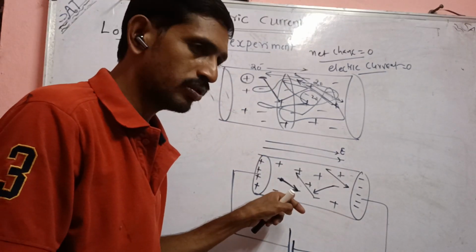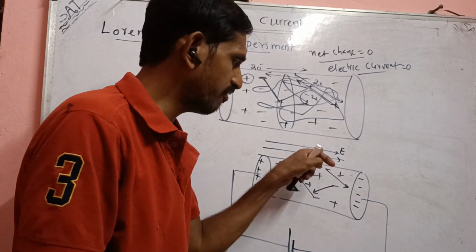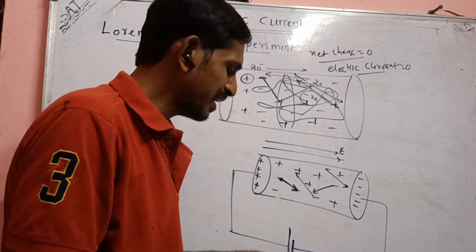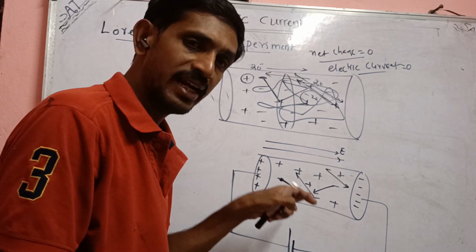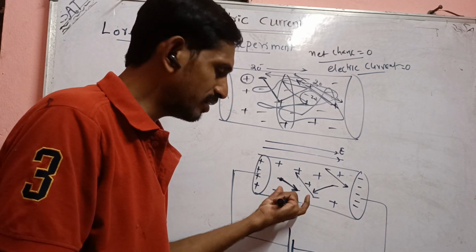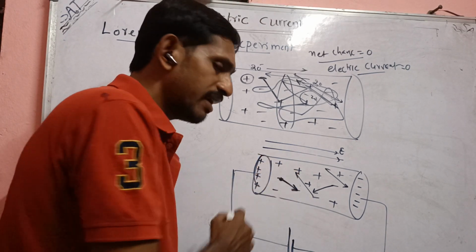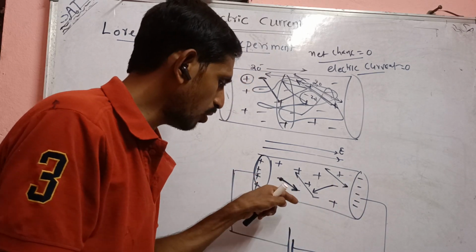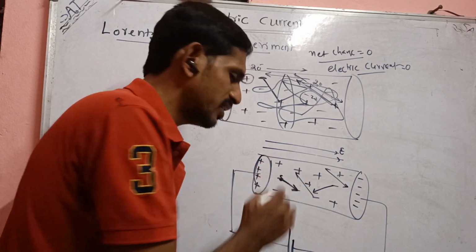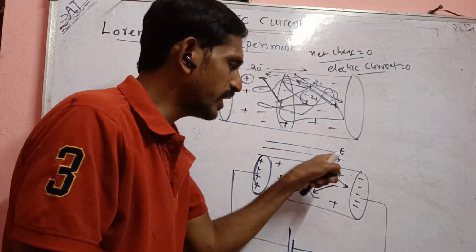There is a force whenever an electron is placed in an electric field. Who provides the electric field? The battery or cell. Whenever we connect the battery across this conductor, an electric field is created across it. These electrons, having negative charge, experience a force opposite to the electric field.